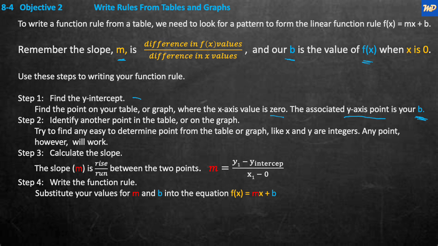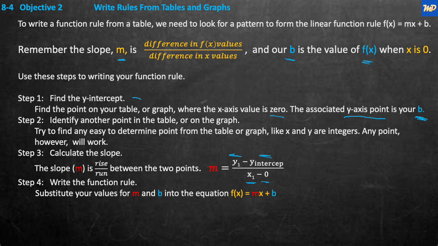Between the 2 points, m is the y sub 1 point, your ending point, minus your y-intercept, that's your start point, over x sub 1, the x ending point, minus 0, the value that x was when you found the y-intercept.